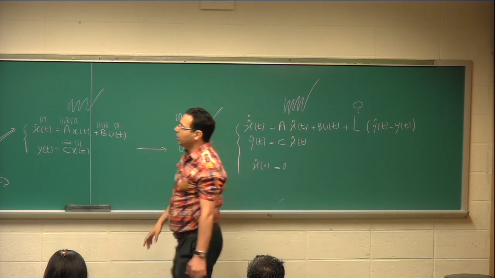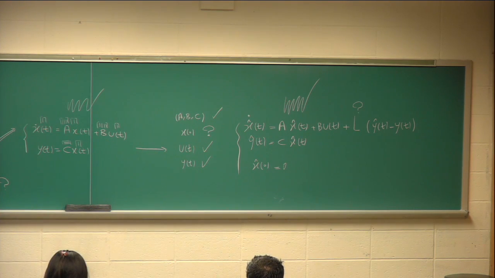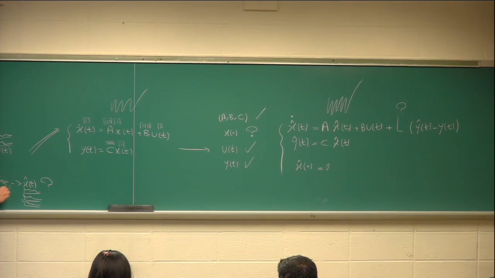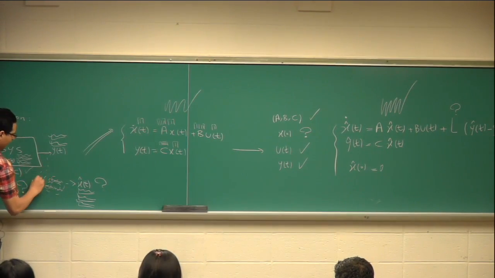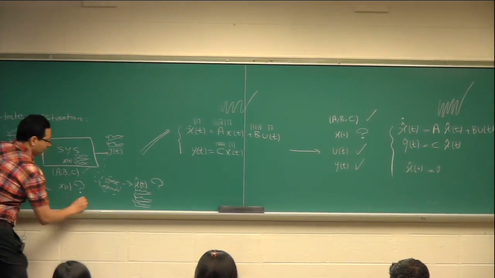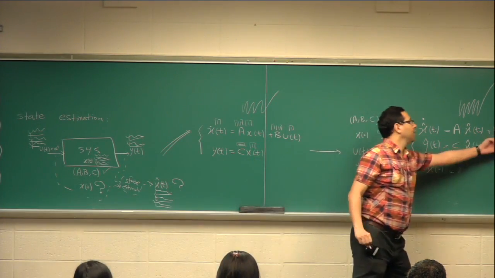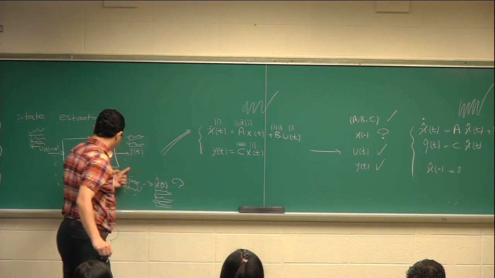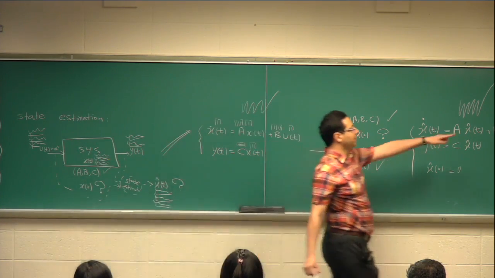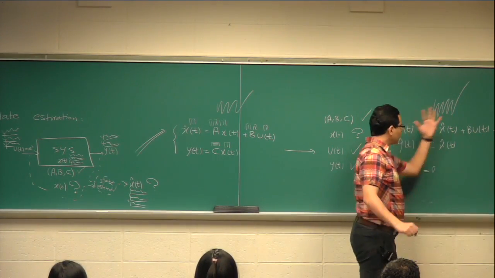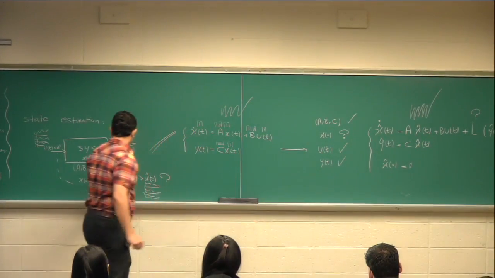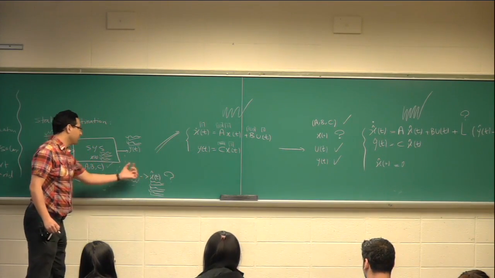So we want to make sure that if we have a system here, we can put an estimator here. So a state estimator is here. A state estimator gets the output, gets the input. Why do we get the input? It's here. Why do we get the output? It's here. Then it goes through a dynamics. The dynamics here gives us an estimation of the state.